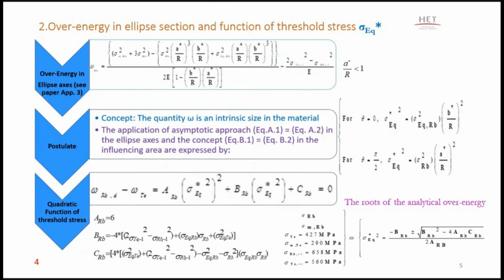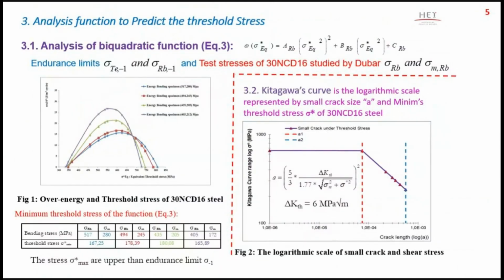The test is used in a PhD thesis of Bordeaux, and so here you have the analysis of this equation, this polynomial, where the minimal threshold stress values of function 3 are 116.7, 117.8, 118, 165.